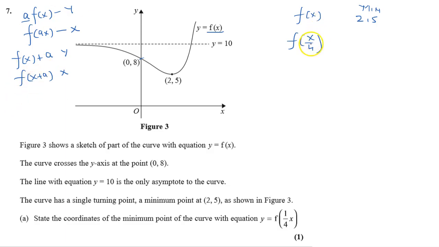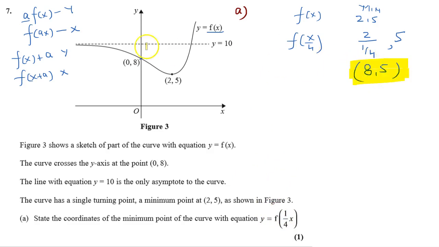Always remember this. So this one is inside the bracket, so it is going to affect the x-axis only, the y-axis will remain the same. If it were 2x, you divide by 2. This is 1 over 4, so you divide 2 by 1 over 4. So this will be (8, 5). These will be the coordinates of the minimum point of f(x over 4).